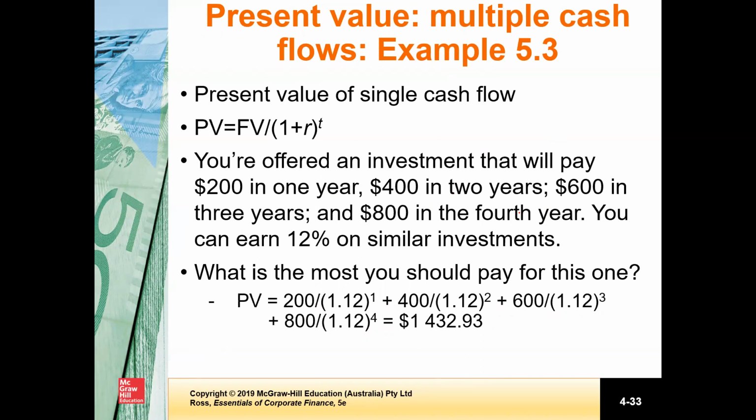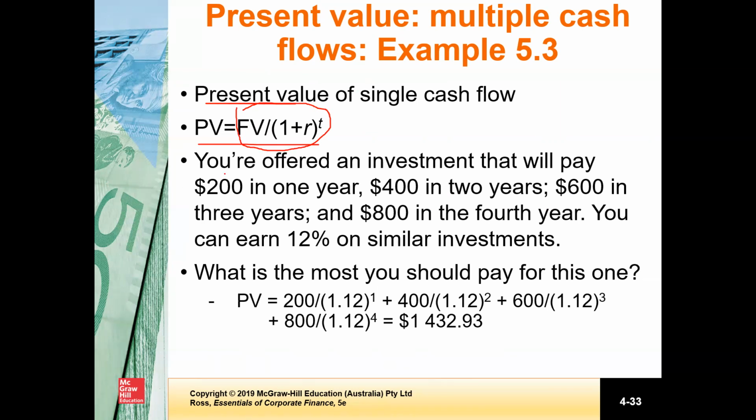Okay, we can either discount back one period at a time, or we can just calculate the present values individually and add them up. Okay, so this is the present value formula. You can see present value is future value divided by 1 plus r power t. So when we have multiple cash flows, we will usually find out the present value of each of the cash flows and we will sum them up.